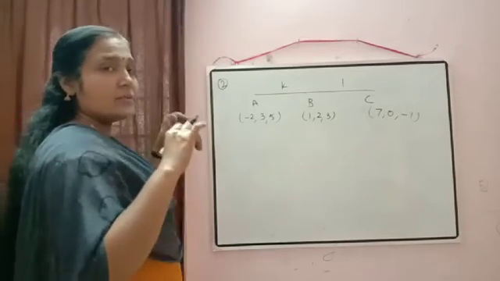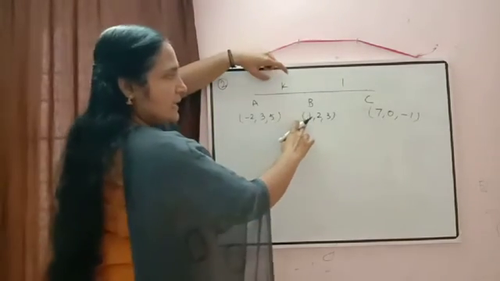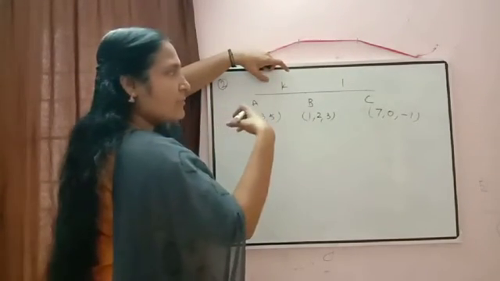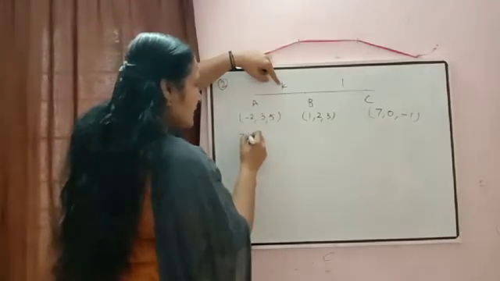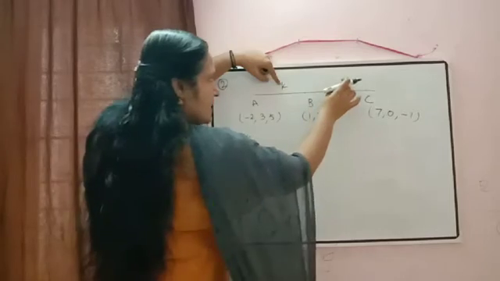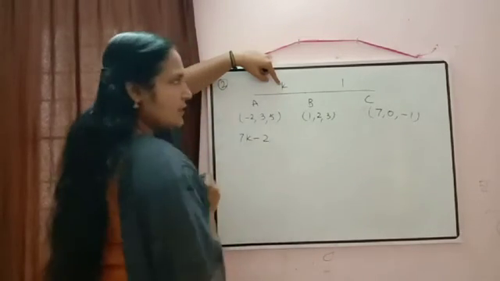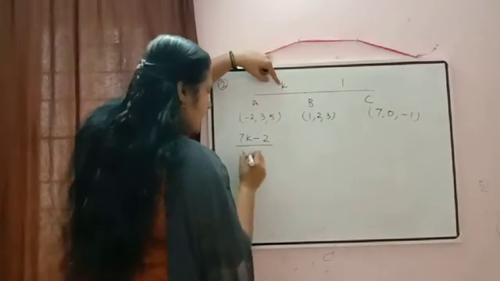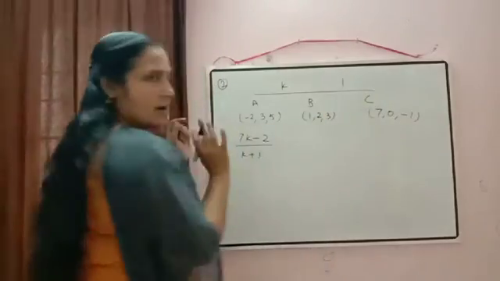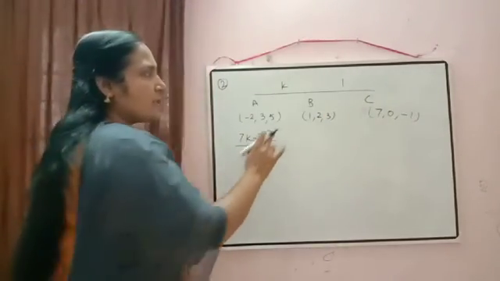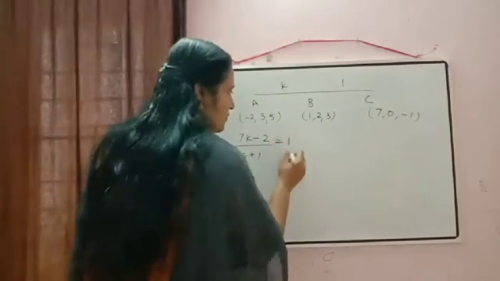Then according to the section formula, what will be the x coordinate of the point B? It is given as 1, but according to our formula, k will be multiplied by 7, so we get 7k, plus 1 multiplied by minus 2, so 1 into minus 2 is minus 2, divided by k plus 1. This is according to the section formula. But in the question the x coordinate of B is given as 1, so we can equate it to 1.